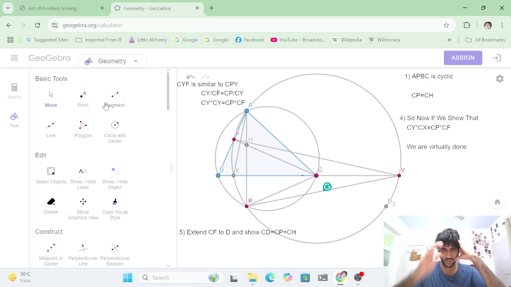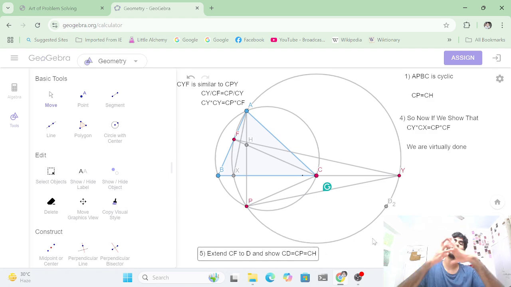So now what I need to show basically is that CY into CX is equal to CP into CF.